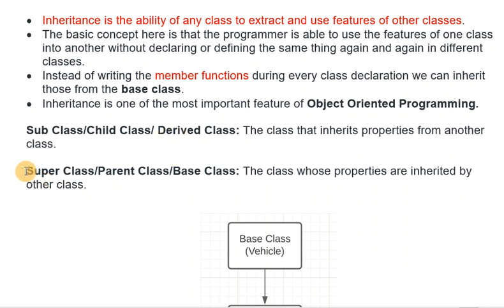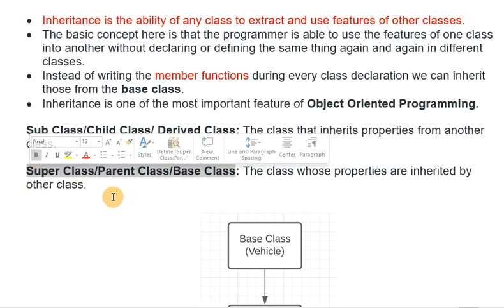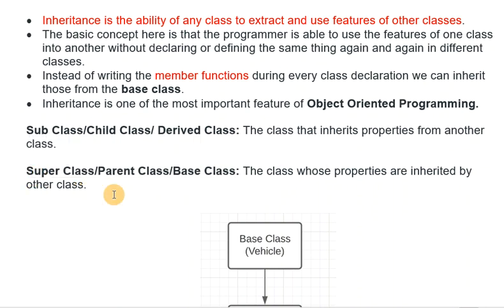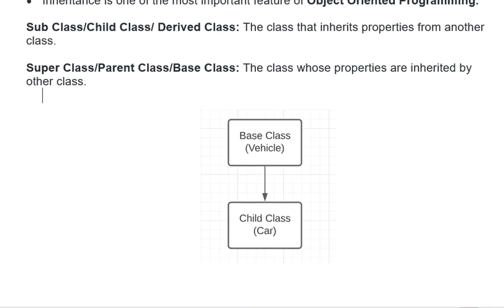In the similar way, superclass, parent class and base class are all the same. So you don't have to be confused while programming or working on any project. Superclass, parent class and base class are the same, and in the same way subclass, child class and derived class are the same. Let me show you one diagram here, then you can understand it better.